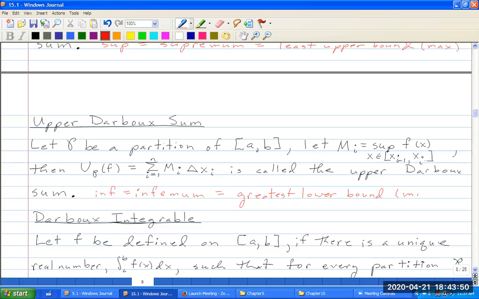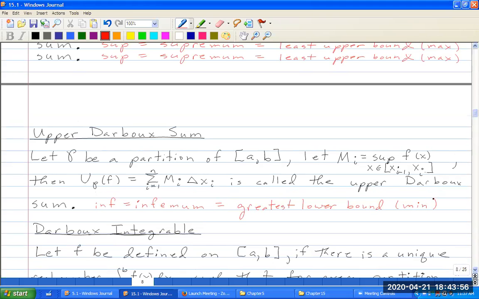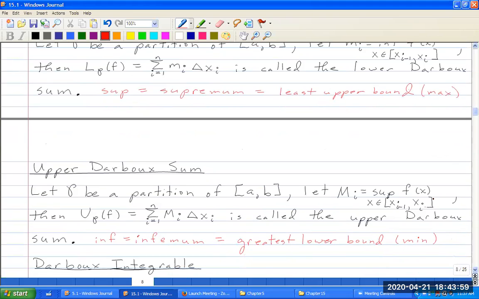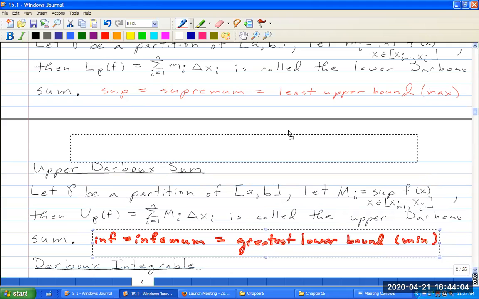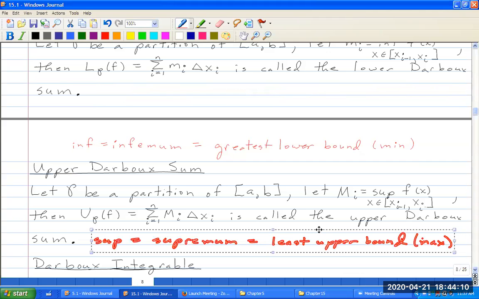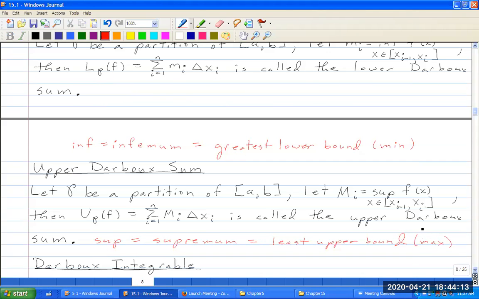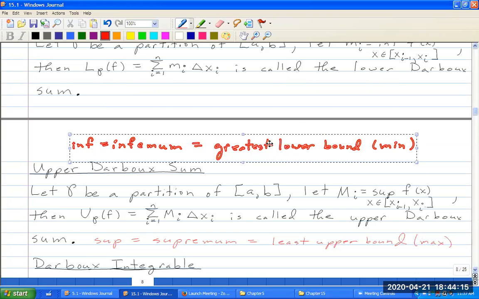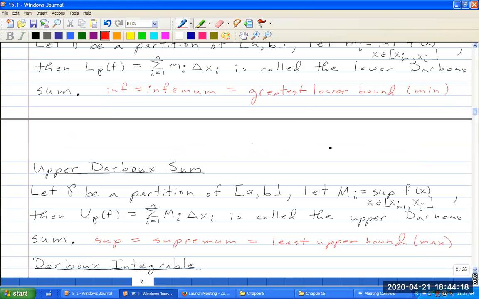Think of this as being the minimum. Oh, I see. I put it in the wrong order. This was talking about the sup here, and this was talking about the inf. So just think of the minimum. Again, wrong spelling, but I don't know how to spell it.